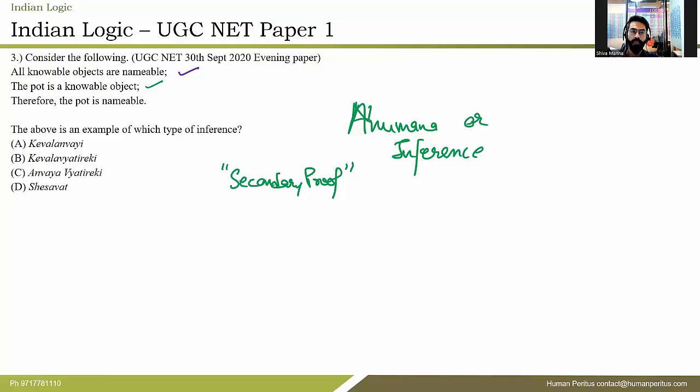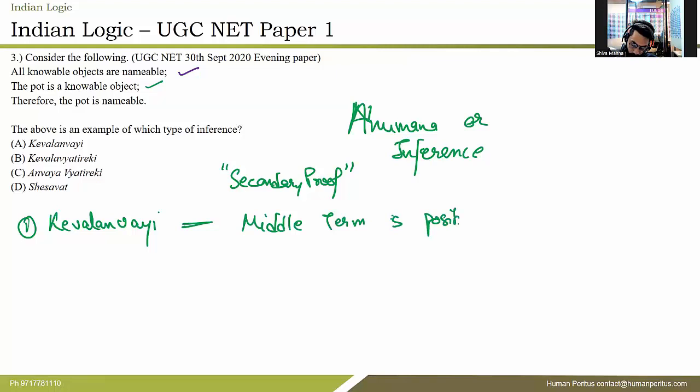Okay. Now it is majorly of three major types. The first type is Kevalanvayi. What does this particular term mean? The middle term is positively related to the major term, right?